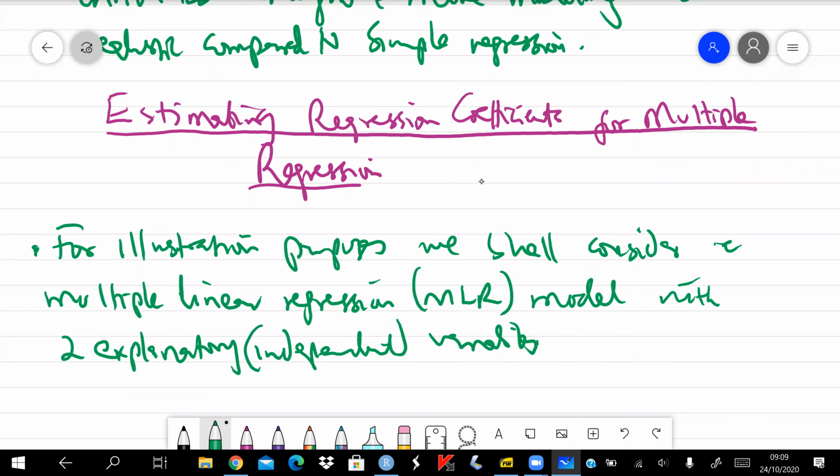If you remember, in the case of simple linear regression, after applying the concept of OLS, we came up with two normal equations, which we were able to solve simultaneously and obtain the values of beta naught and beta 1. So in this context, we shall also be obtaining some normal equations, which after being solved simultaneously will give us the estimates of the regression coefficients.